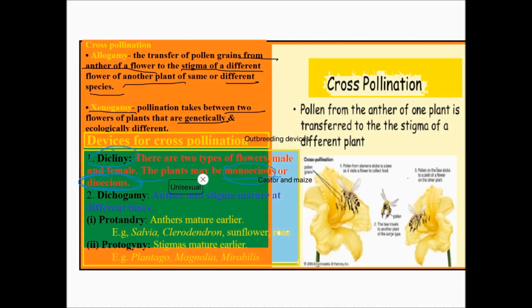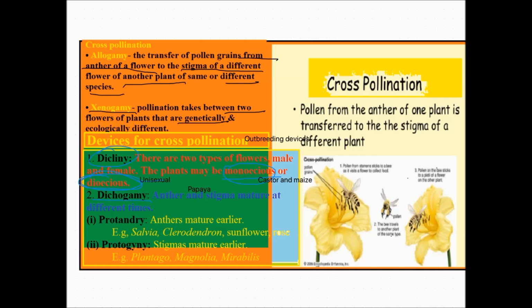Such flowers are called unisexual flowers. So if there is a unisexual flower, then there is compulsorily the chance for cross pollination, like papaya. Papaya is a dioecious plant, isn't it?